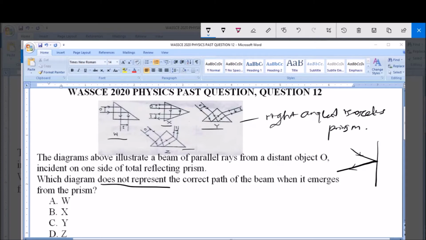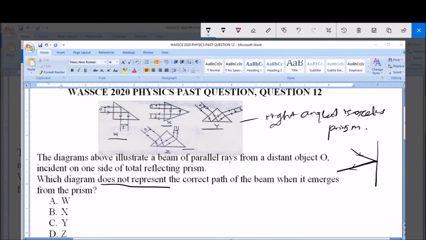If you look at illustration W, the light was reflected in the correct order. Likewise X, you can see the ray of light as it travels from this side to the next side, it was reflected to this side, and from here it was reflected also, and you can see the direction points towards the direction of the reflection of the light, that is the incident ray and the reflected ray.